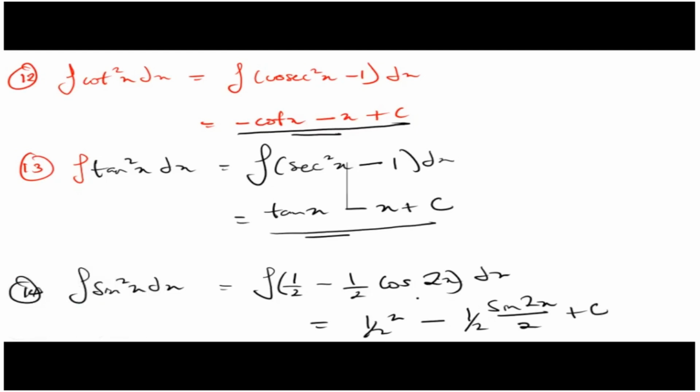If this is a constant, half x, then we integrate this one, it is sine 2x over 2 times that half.